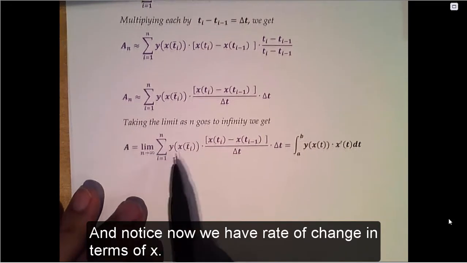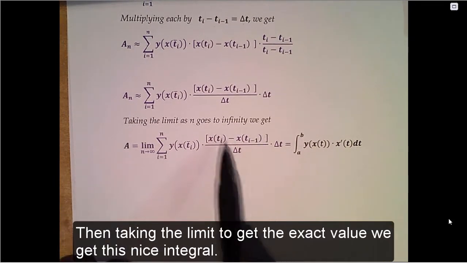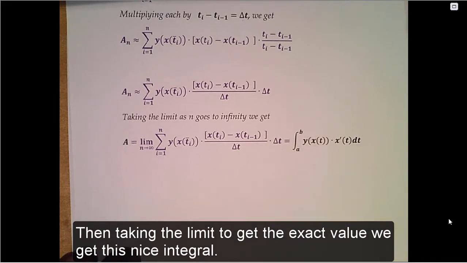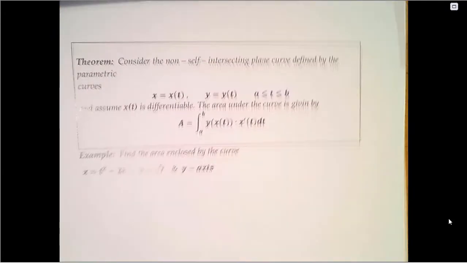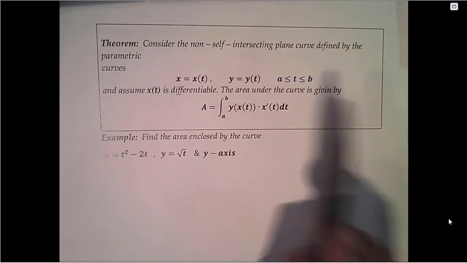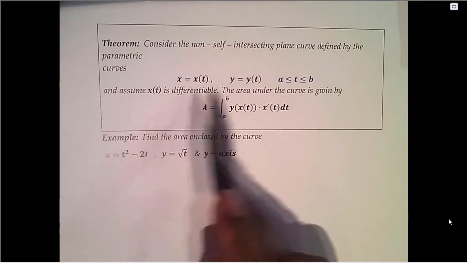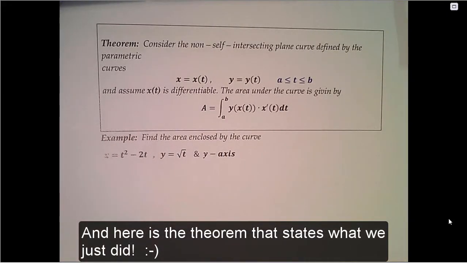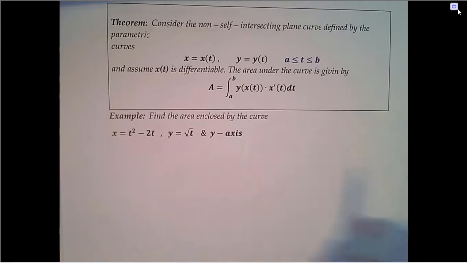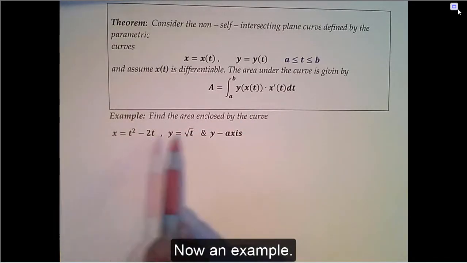And notice, now we have a rate of change in terms of x. Then taking the limit to get the exact value, we get this nice integral. And here's a theorem that states what we just did. Now an example.